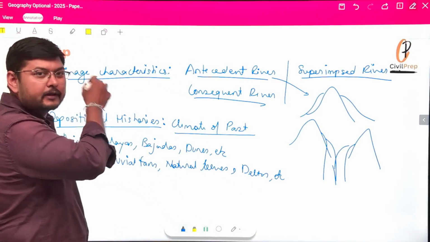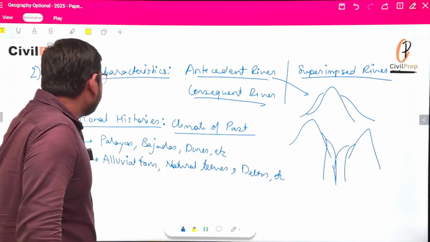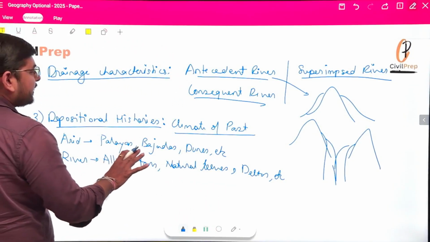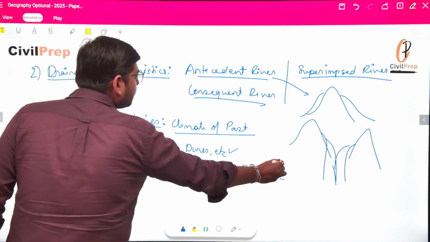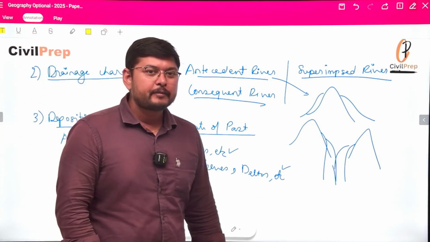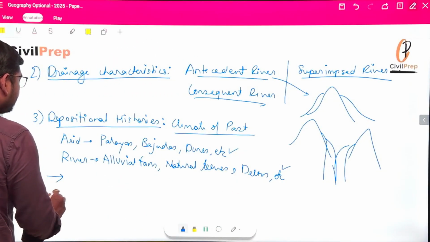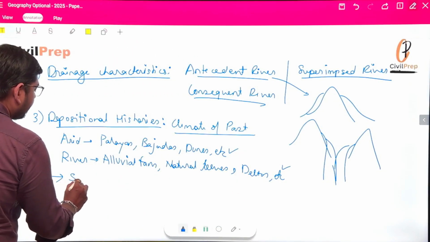Similarly, we can identify various other depositional features, and they give us an aspect about what the past climate was in those particular regions, due to which such kinds of landforms have formed in those areas. Okay, so this we can do by stratigraphy.